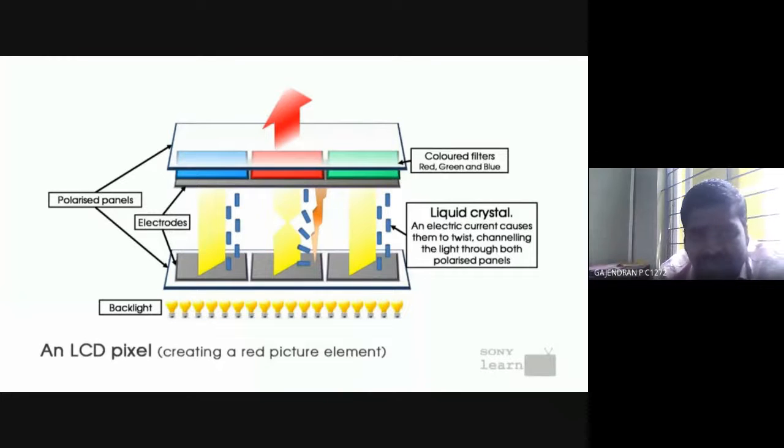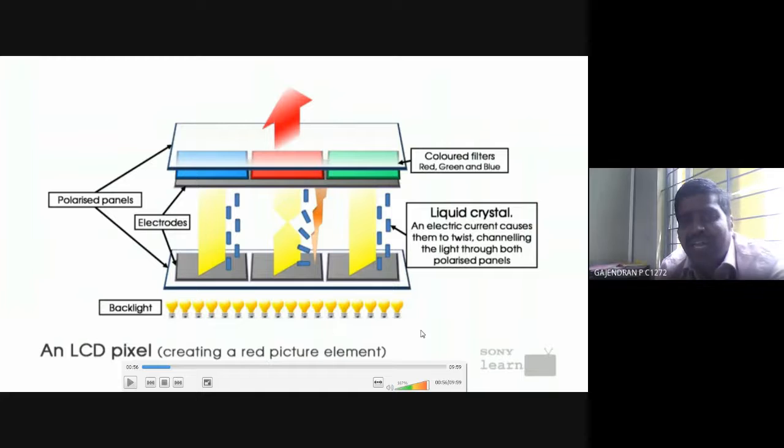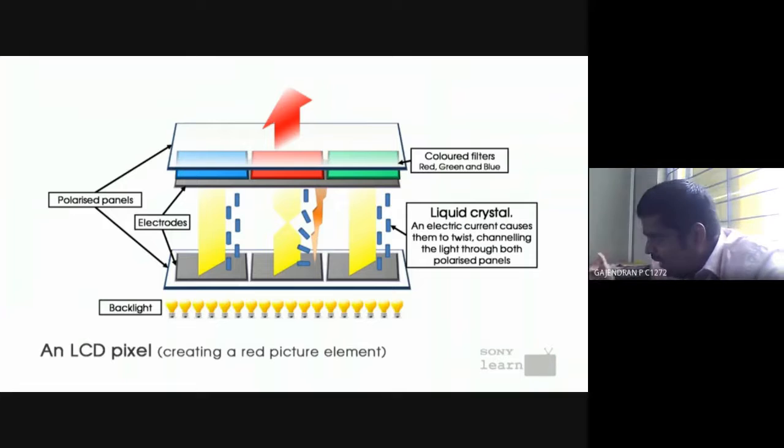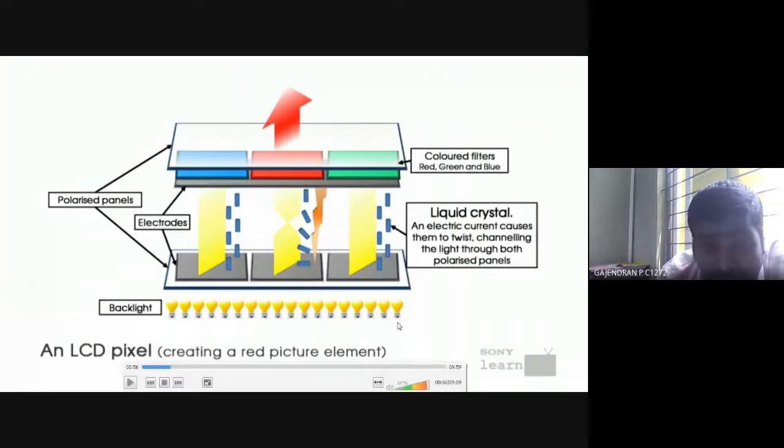Okay. Then what is the source for this LCD? It is your backlight. Liquid crystal display won't emit light. Please note down, this display never illuminates light. With the help of the light source only it will function.